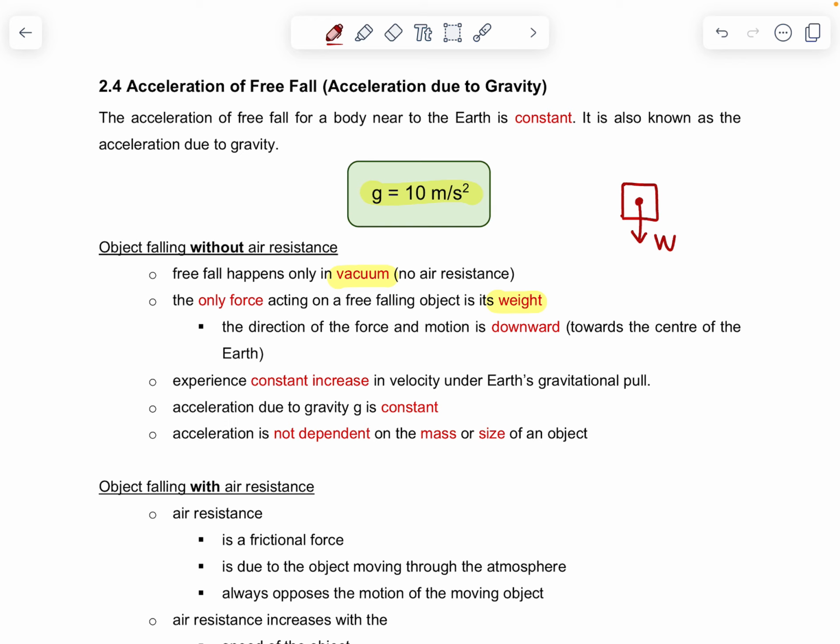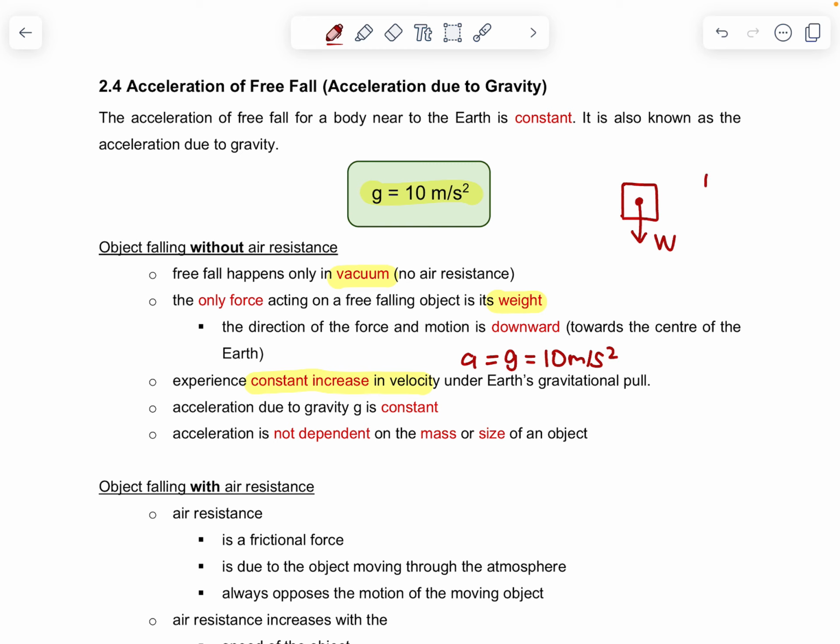Okay, so the object experiences a constant increase in velocity. How fast? g, or a, is equal to g, 10 meters per second per second. Okay, g is constant and acceleration is not dependent on the mass or the size of an object.